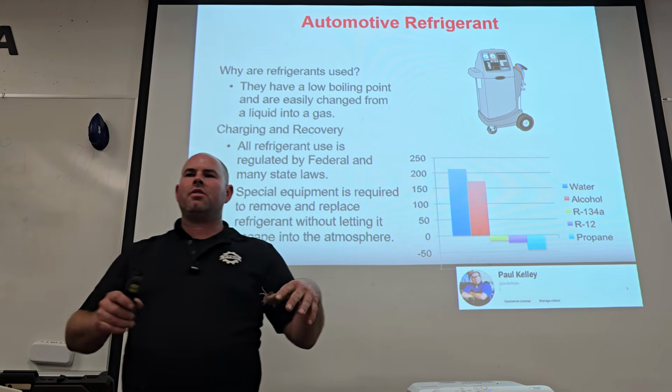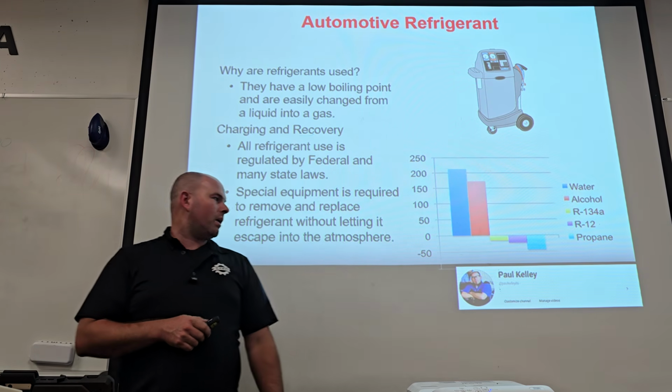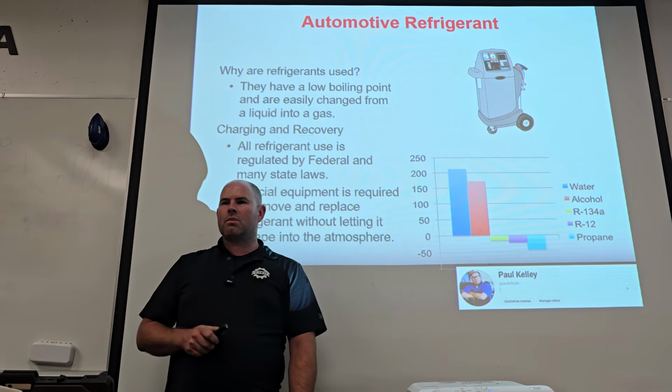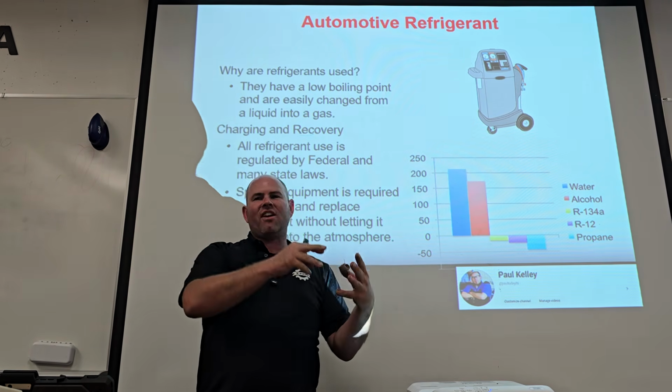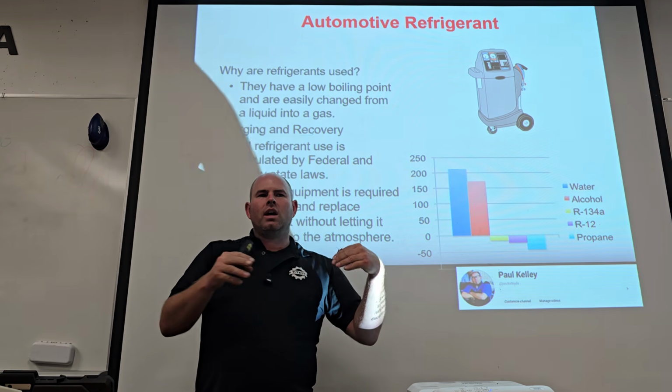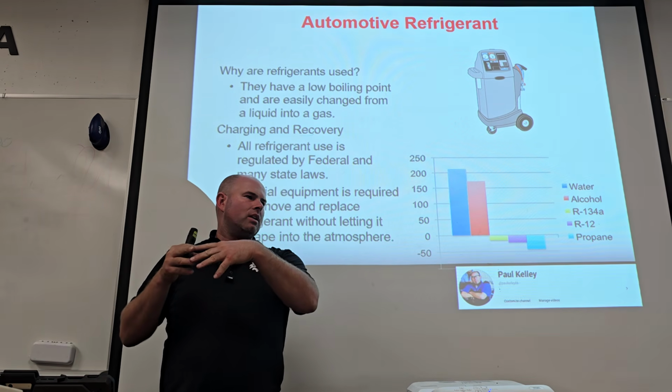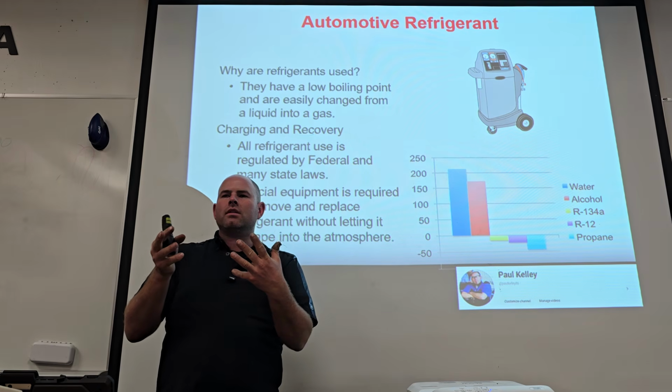It's all about the boiling temperature. We want to boil it at a very, very low temperature. That way we can have it evaporate in the evaporator at a low pressure, and we can have it condense in the condenser at a fairly high pressure of 2 something. Make sense?